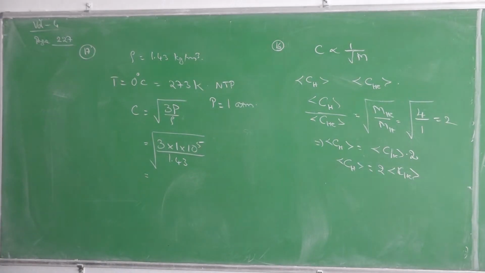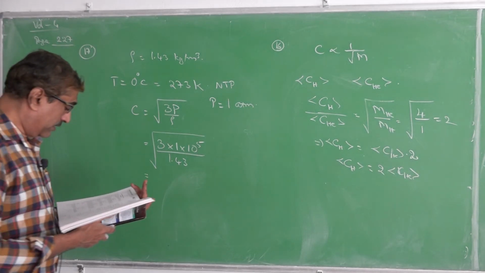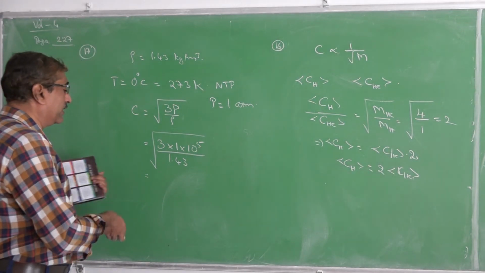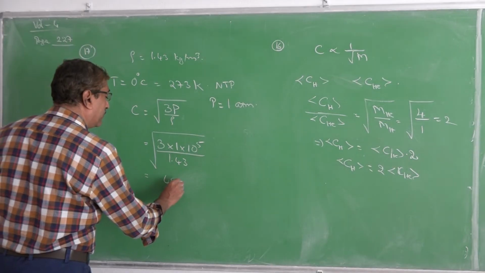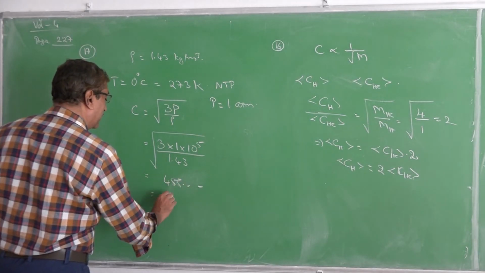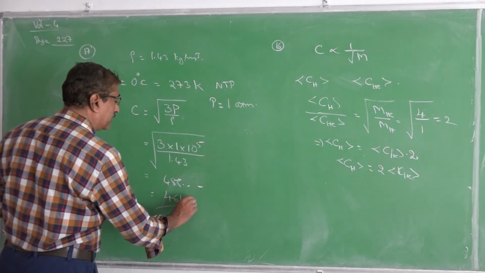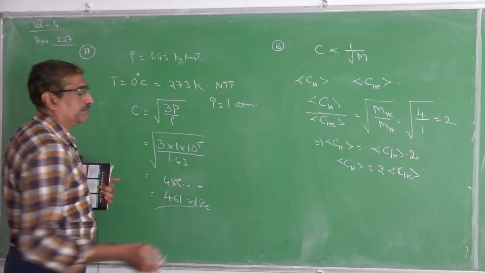Calculating it, we will get 458 point something. So that is approximately, given the answers, 461 meter per second.